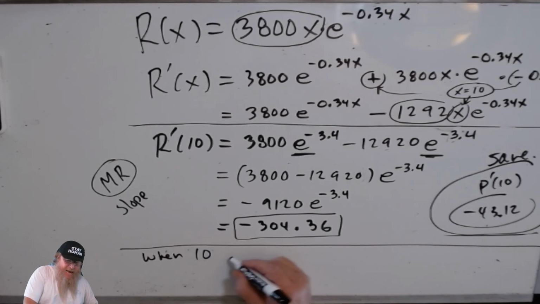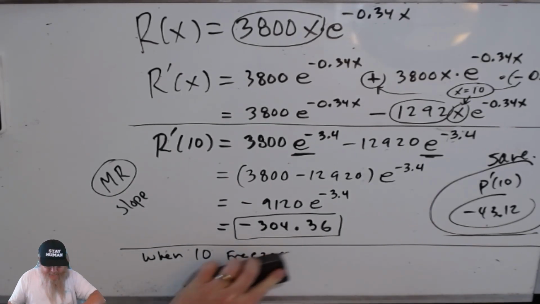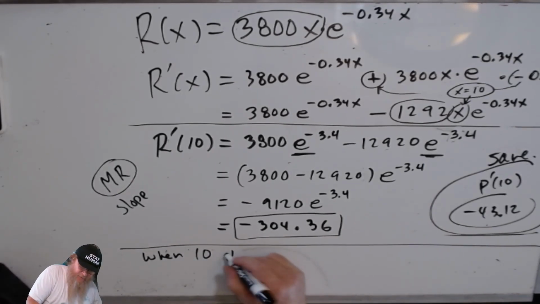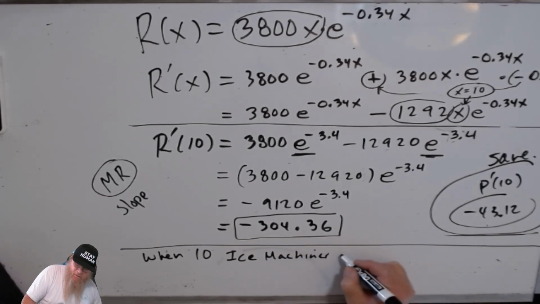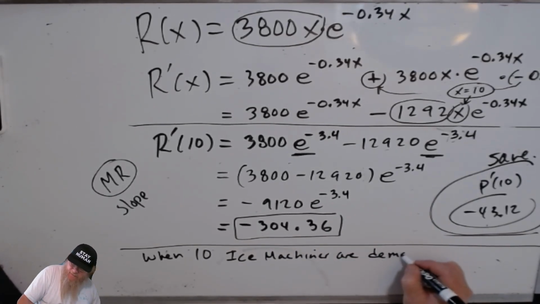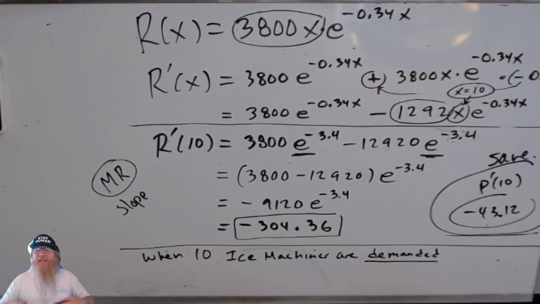When 10 freezers, or ice machines, I guess. An ice machine is just a freezer. Are demanded. That's what we call that. It's the demand, right?